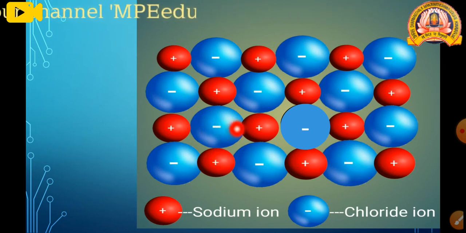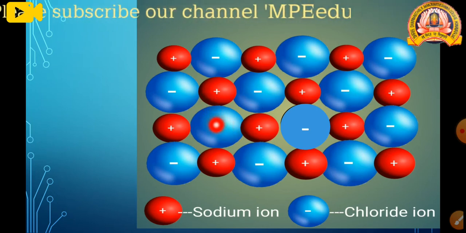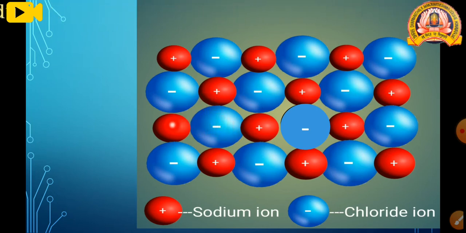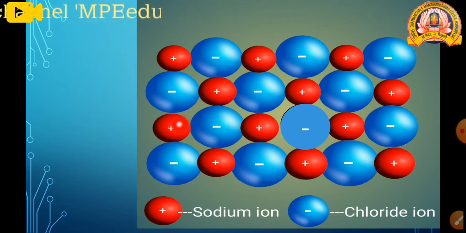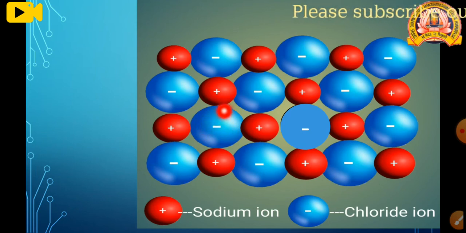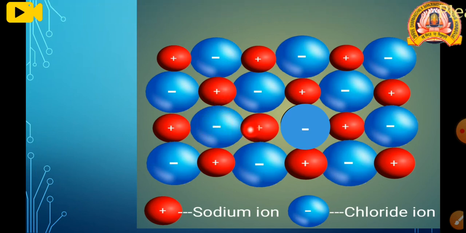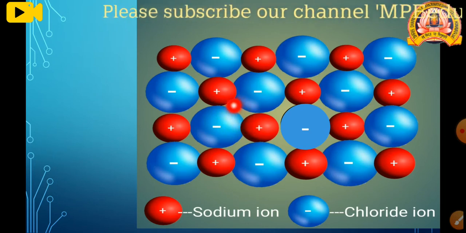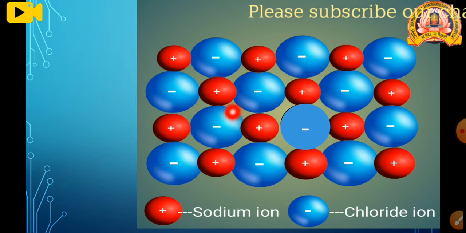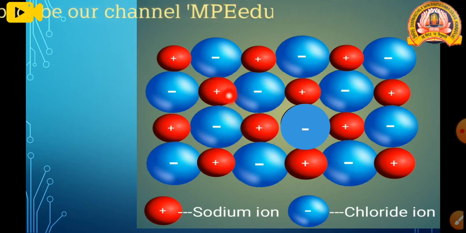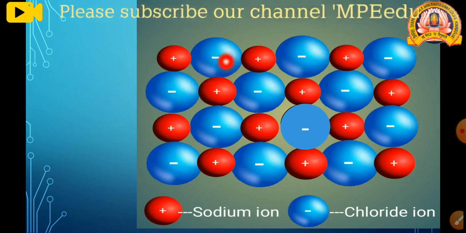One chloride is bonded with 4 sodium. Observe correctly, one chloride is attached to 4 sodium. But in the actual formula, sodium chloride, it is one sodium, one chloride. But in the crystal, actually, one sodium is bonded to 4 chloride. There is a possibility of weakness of one bond out of 4.